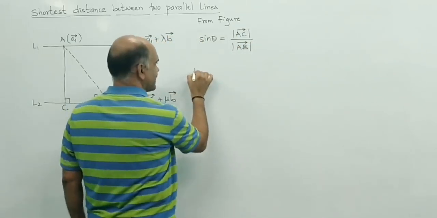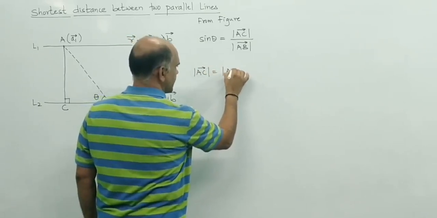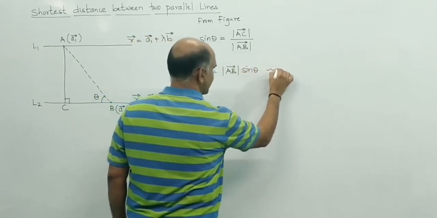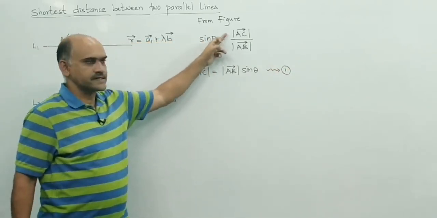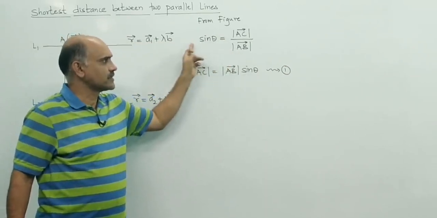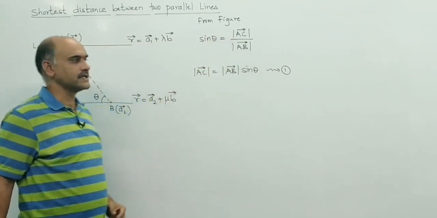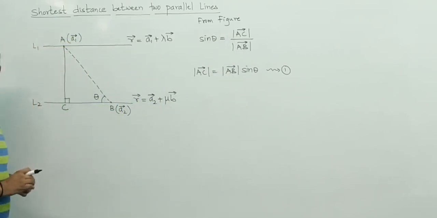So I can write AC is equal to AB sin theta. This I will take as equation 1. Clear students? Sin theta is equal to AC by AB, so I have taken AB to the LHS. AC is equal to AB sin theta. So this is from the figure.